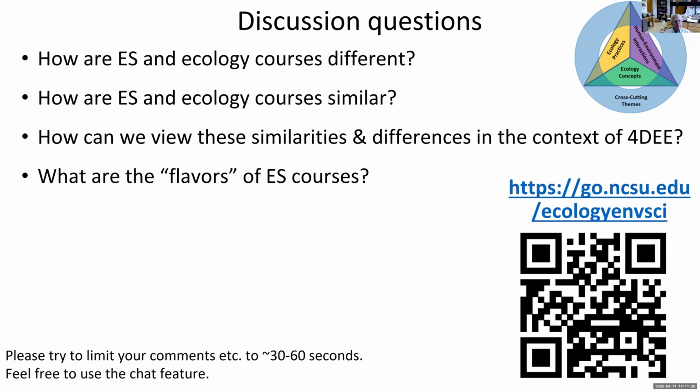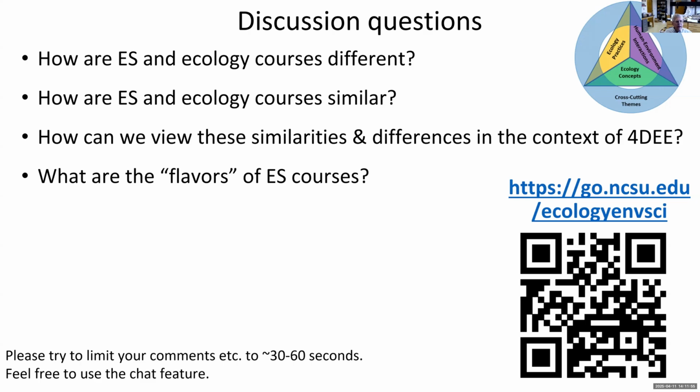Probably the clearest example is when we visit streams. In the ecology class, the lab often focuses on a comparison of different stream macrohabitats, riffles versus pools, in terms of their particular invertebrate communities. Whereas when I'm taking environmental studies students out, our focus is on assessment of stream health.